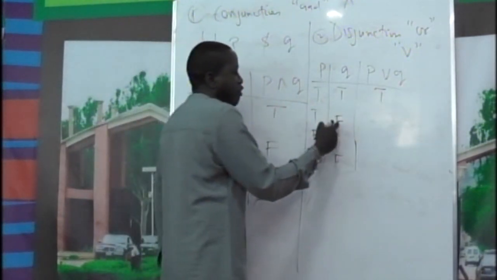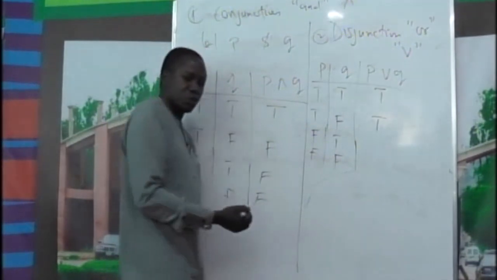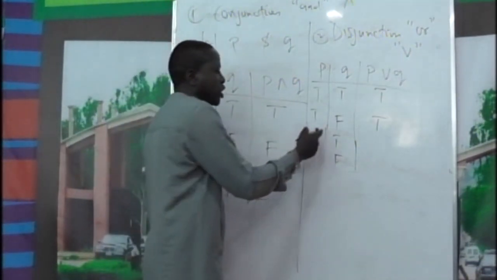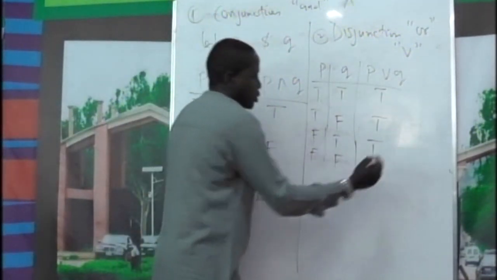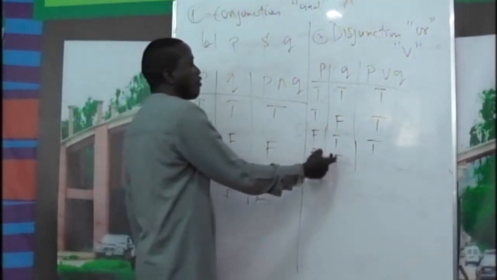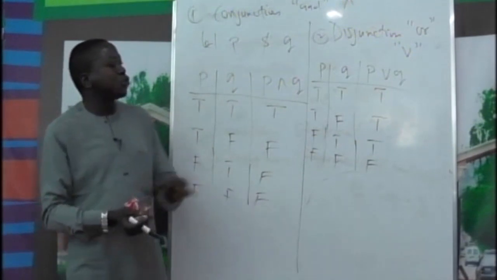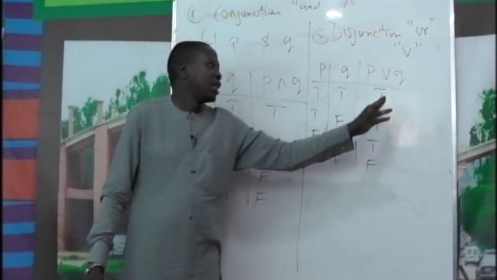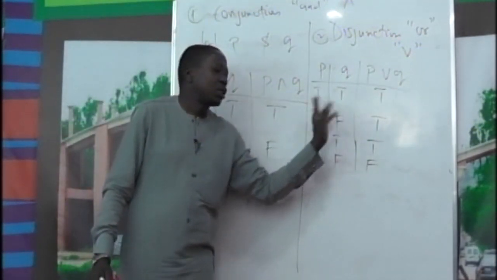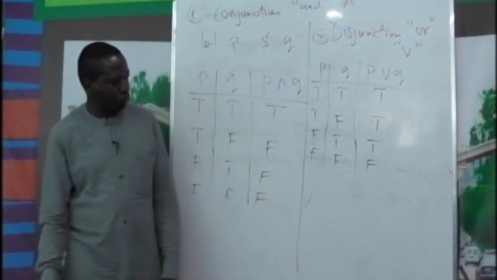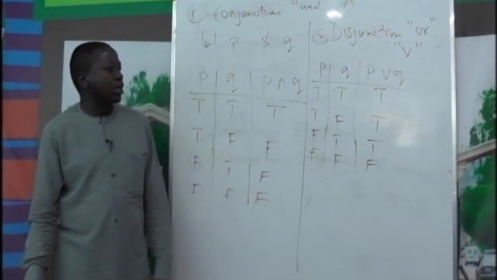True or false, here becomes true. False or true, here becomes true. And false or false, here is what? False. Because before we can have true under this disjunction, at least one of these statements must be true. That is all about disjunction.